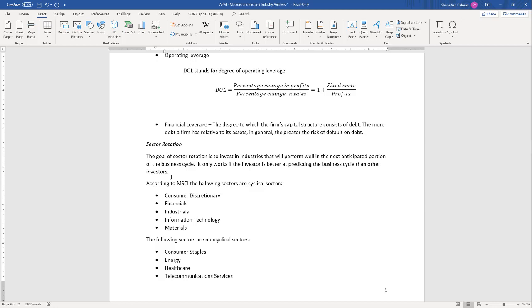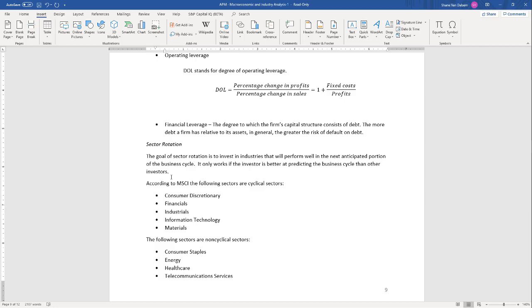Industrials would be manufacturing generally. In information technology, that's going to be your Facebook, your Google, those kind of companies, Microsoft, and then materials. Again, that's very much manufacturing, creating raw materials for use in manufacturing.